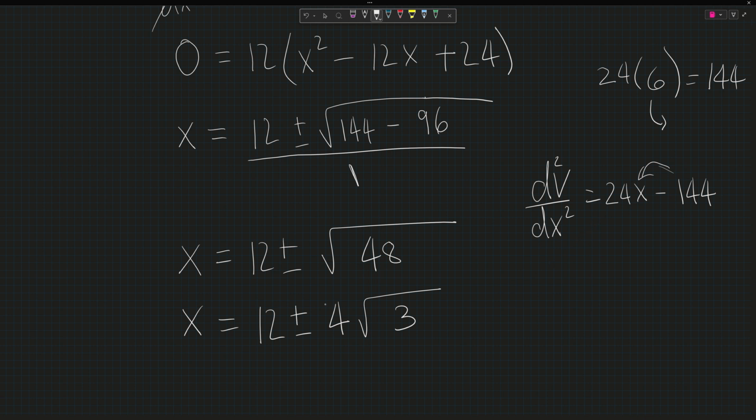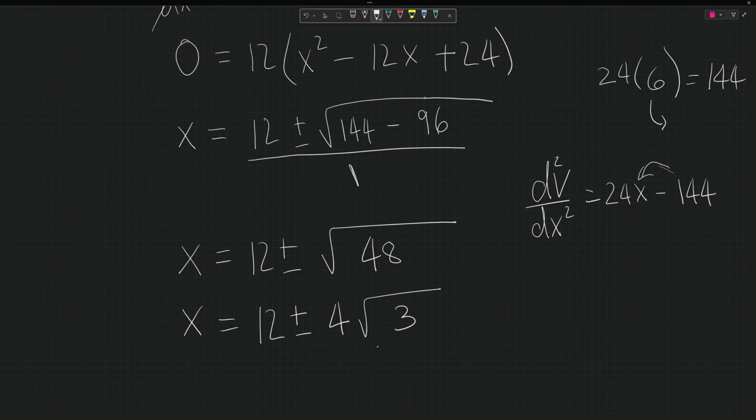So if you look at this, 12 plus 4 square root of 3 is going to be a positive number, which is greater than 6. But 12 minus 4 square root of 3 is definitely going to be less than 6. At least I can assume that because this is the only number I have remaining, and that's going to be less than 12 itself, so it most likely is less than 6.